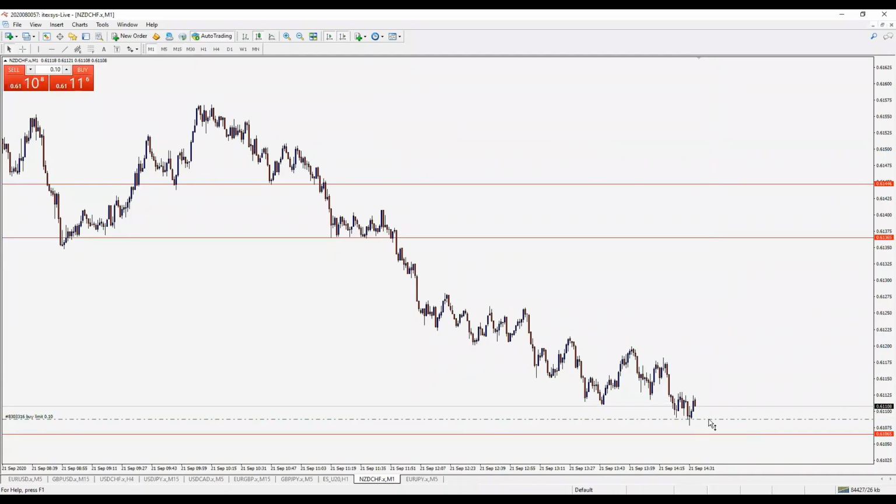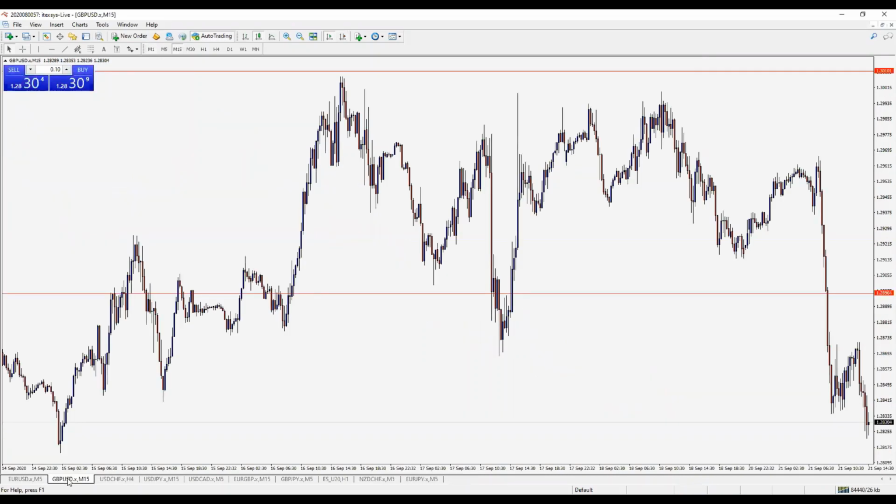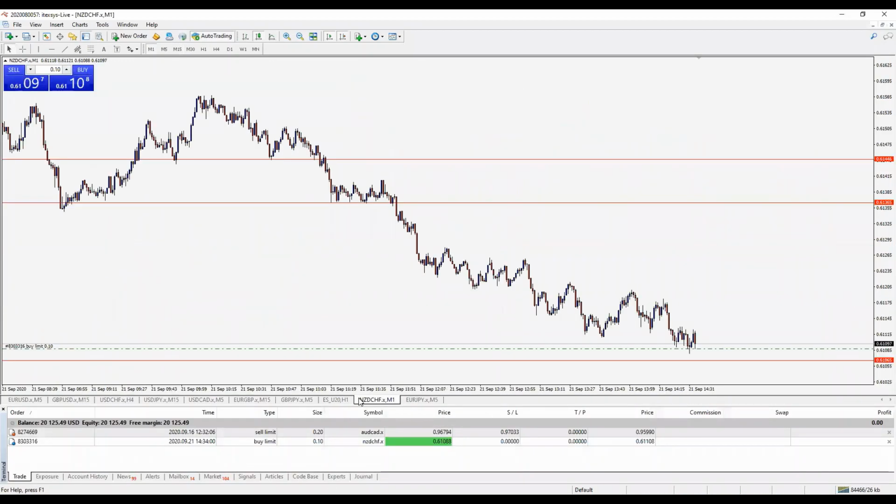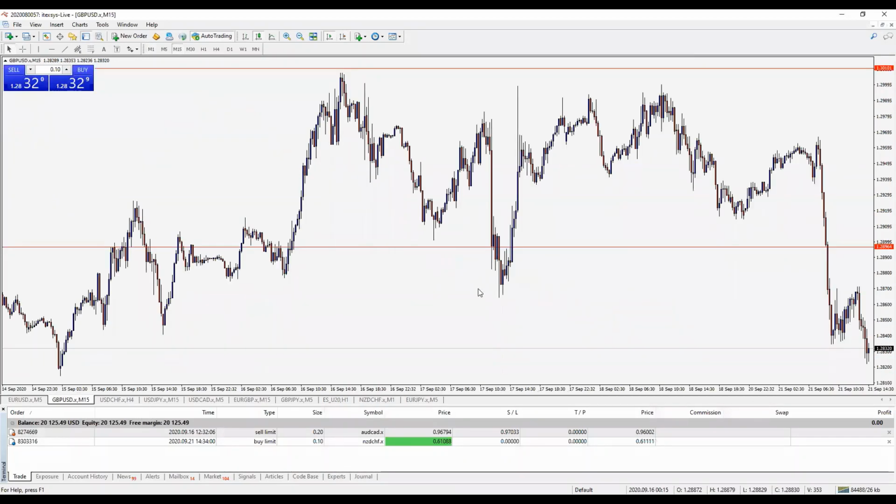Take it a bit lower, and we'll see what's going on. Okay. All right. So this is the pound against the dollar.